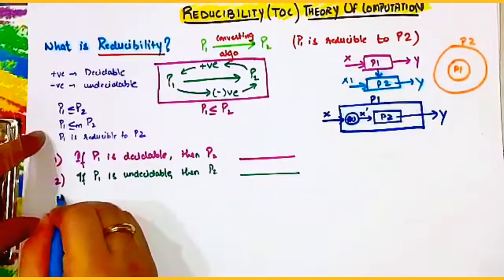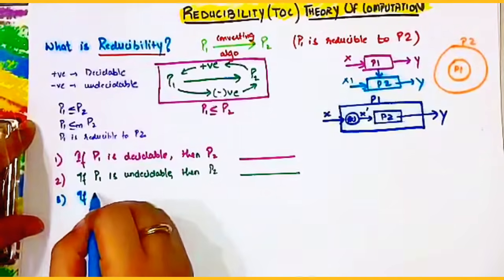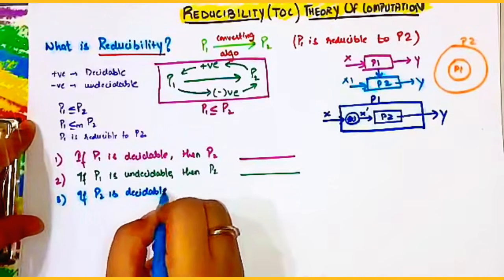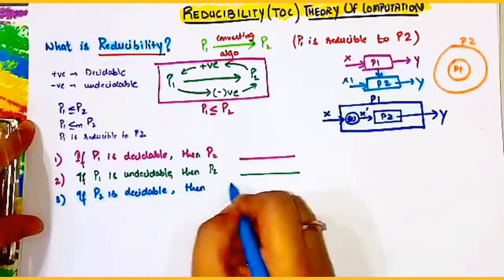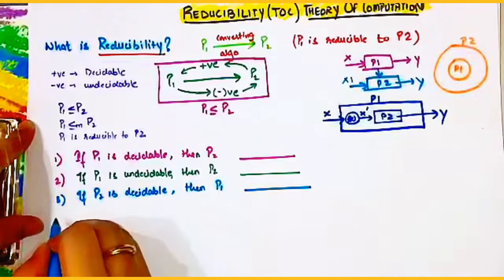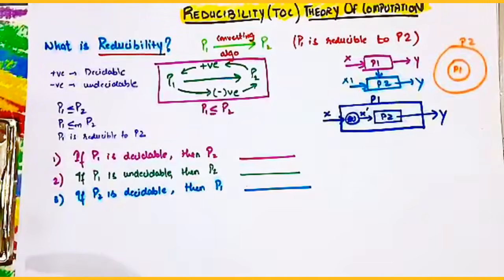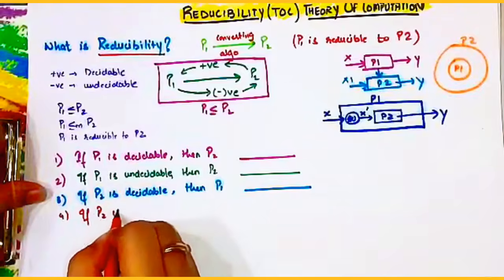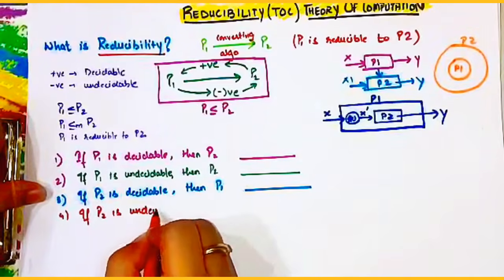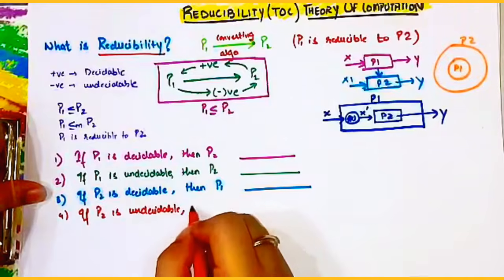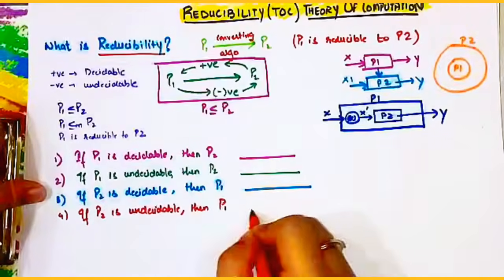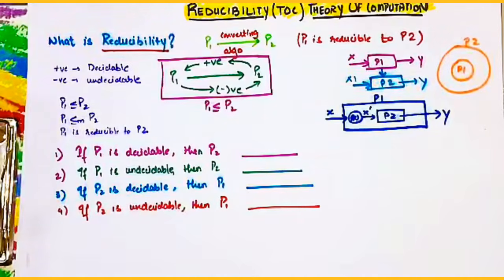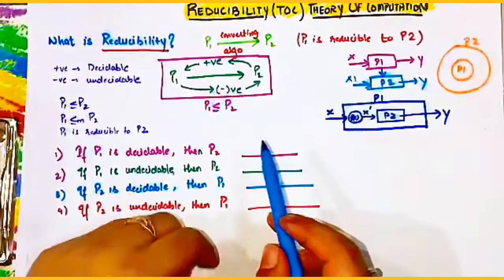Third case, if P2 is decidable, then what about P1? And fourth case, if P2 is undecidable, then what about P1? So quickly solve this, or just remember this from the positive and negative concept.